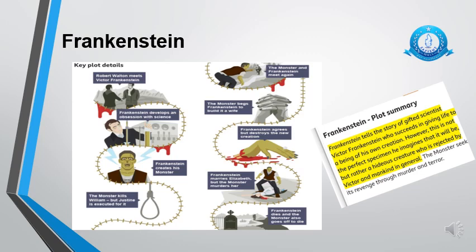Then that monster gets mad. Frankenstein marries Elizabeth and the monster then murders her. At the end, Frankenstein dies and the monster also goes off to die. So this is basically a key plot which I just want to share with you so that you will get a rough idea of what is going to happen in this novel.